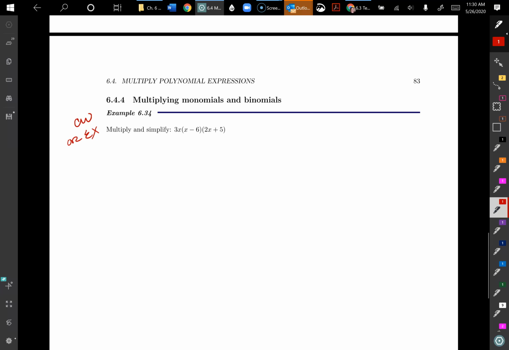As an example, I would do the binomial first, multiply those. So I'm just going to leave my 3x off to the side there. Don't forget to put parentheses though. Then I'm going to do my x times 2x, and I'll get 2x squared. Then I'm going to do x times the 5, so I get plus 5x.